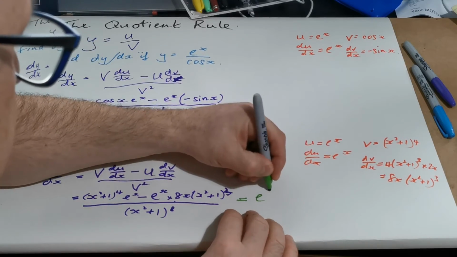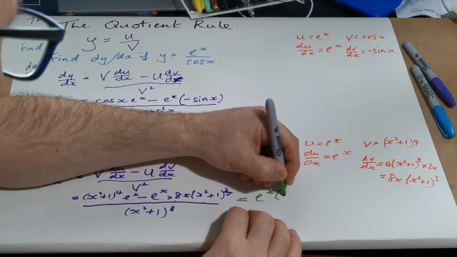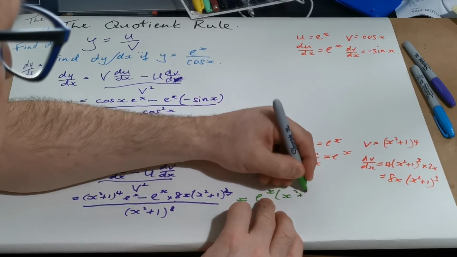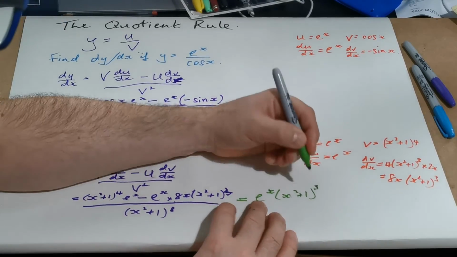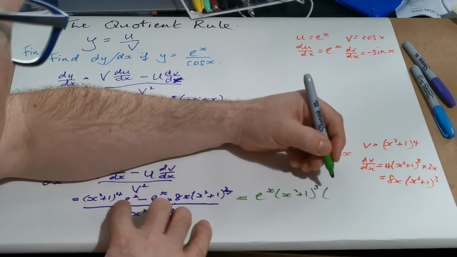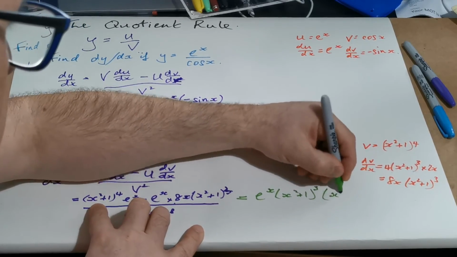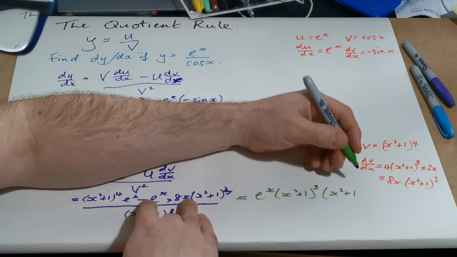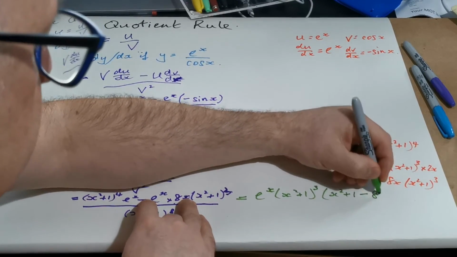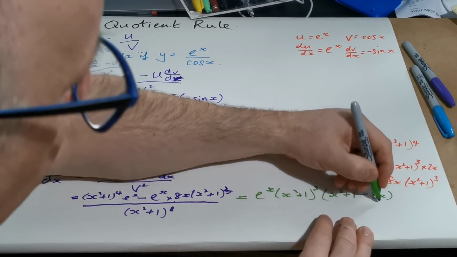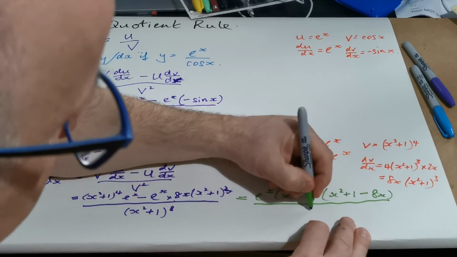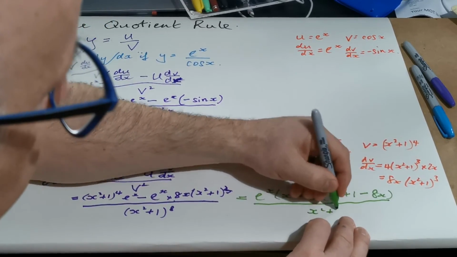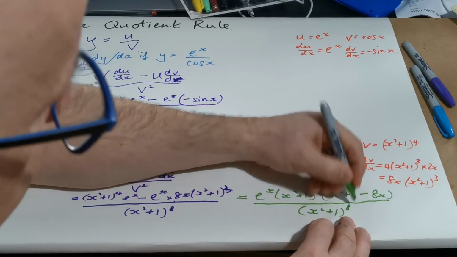So we've got e to the x times x squared plus 1 cubed. On this side I'm left with x squared plus 1, and then I'm subtracting 8x, and that is all over x squared plus 1 to the 8.